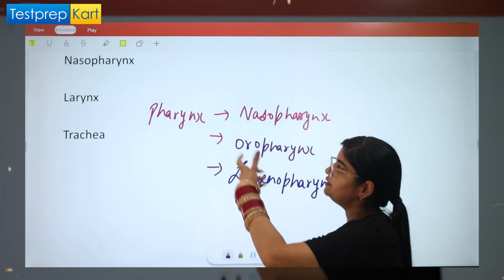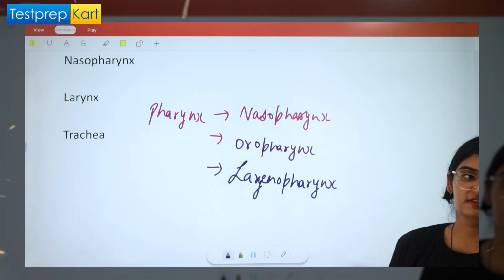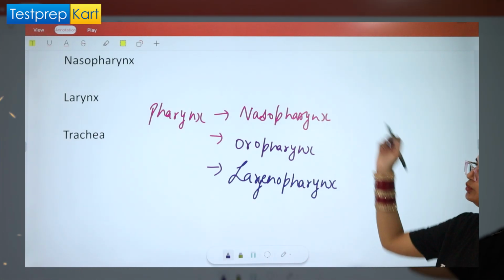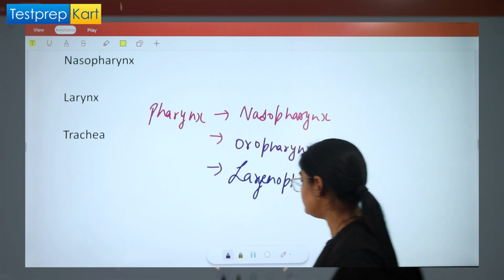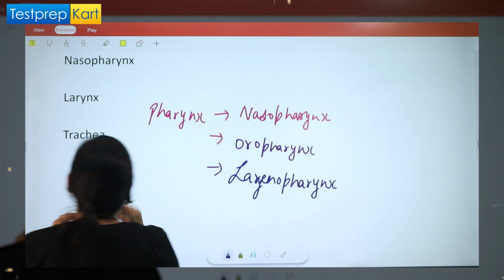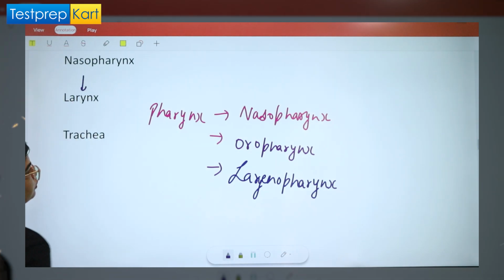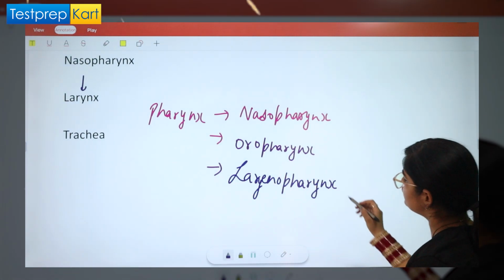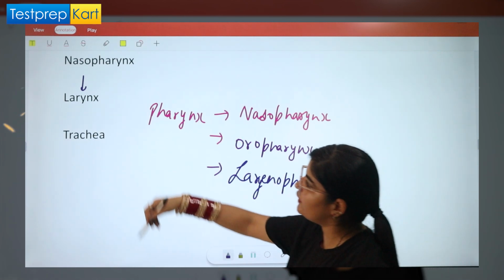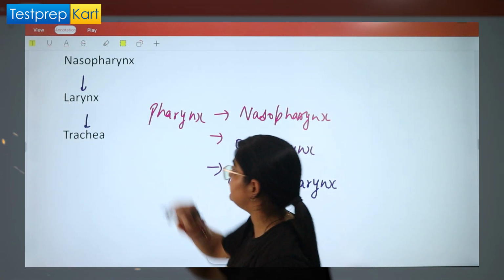The air which enters by the internal nares, that is the posterior opening, will enter the nasopharynx part of the respiratory passage. Now from the nasopharynx, it will move towards the larynx. That is, from the nasopharynx the air will move towards the laryngopharynx part, and then it will move towards the trachea.